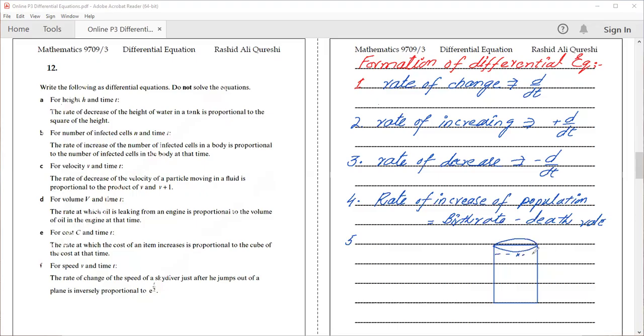Suppose that this is the container, or this is the reservoir, or this is any vessel. Some liquid is coming over here, that is called flow in. And due to the leakage of the water, suppose that is dropping out of this container, that is called flow out.